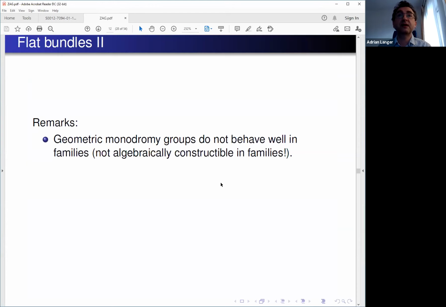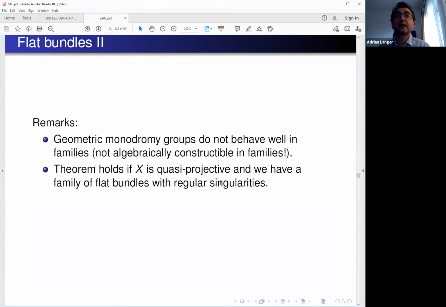So this assumes something about one point, that the monodromy group is large, but at other points it can be small. Then one can formulate this theorem in case of quasi-projective varieties, but then I would need to talk about families of flat vector bundles with regular singularities, and I wanted to avoid that. But the result is essentially the same.